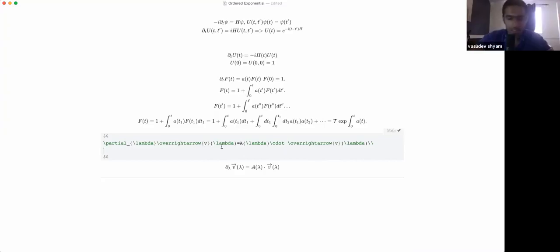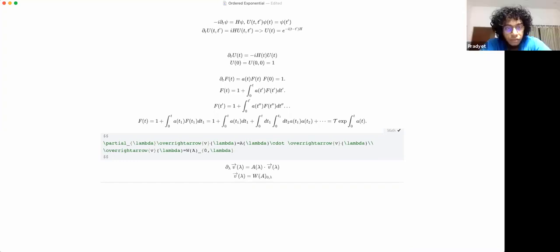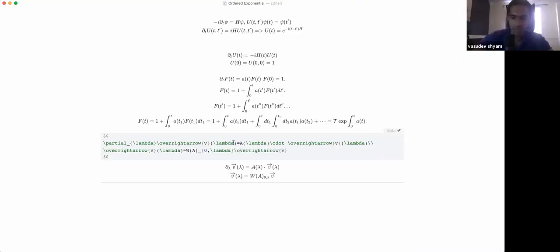So what you get at the end of this is that this V at lambda equals what we call a Wilson line, which is a function of A. And this Wilson line takes you from 0 to lambda, of V at its initial position.